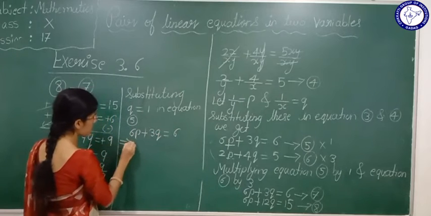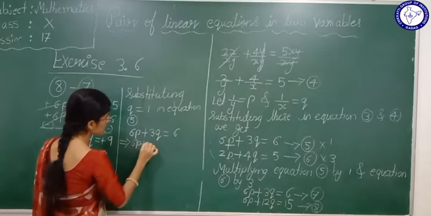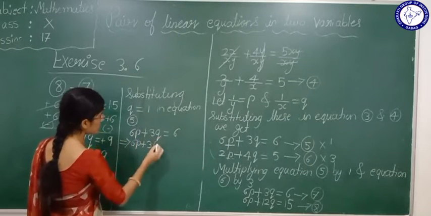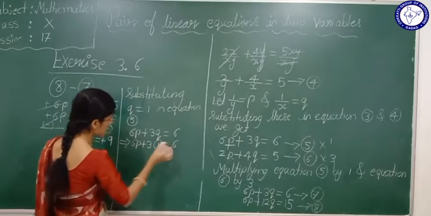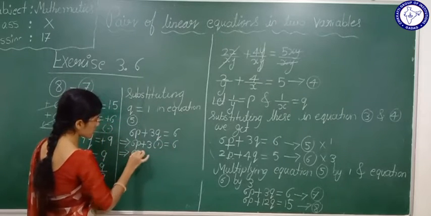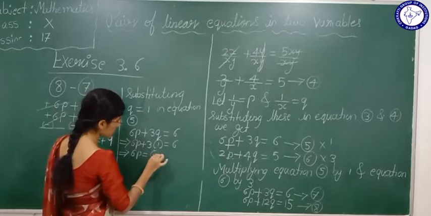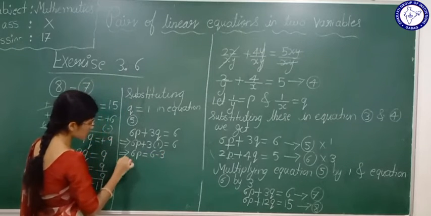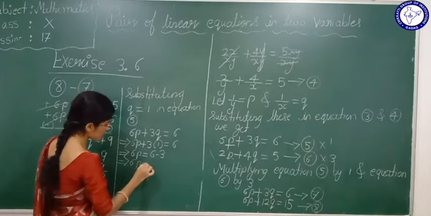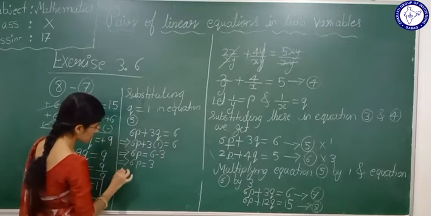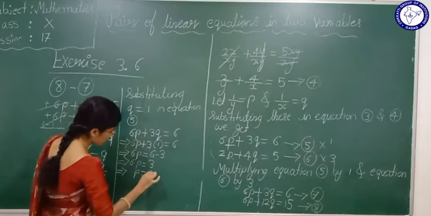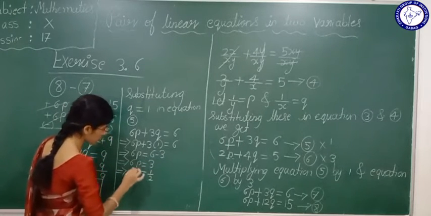So this implies 6p plus 3, in place of q, what is there? 1, is equal to 6. So this implies 6p is equal to 6 minus 3. What is 6 minus 3, students? 6 minus 3 is 3. So this implies p is going to be 1 by 2.